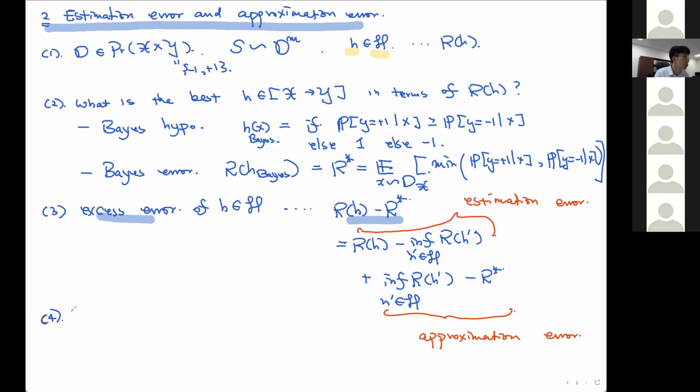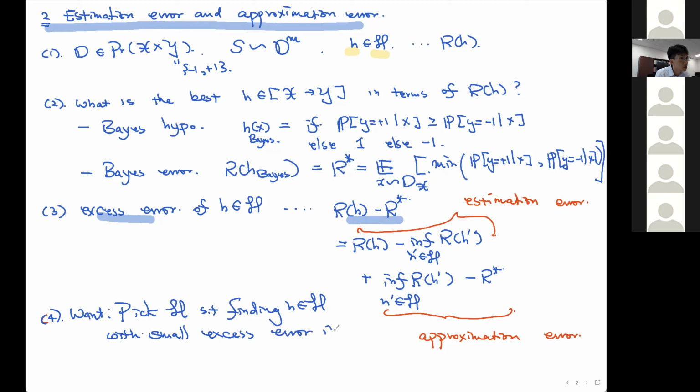So what we want is to pick H such that finding a small excess error is easy and doable.